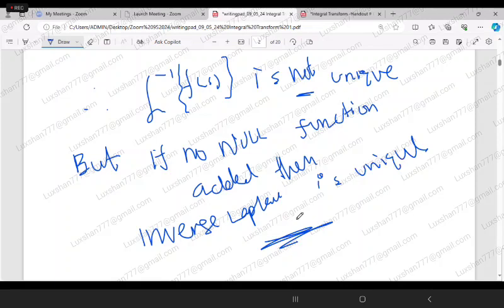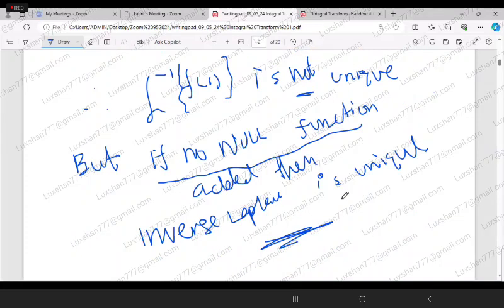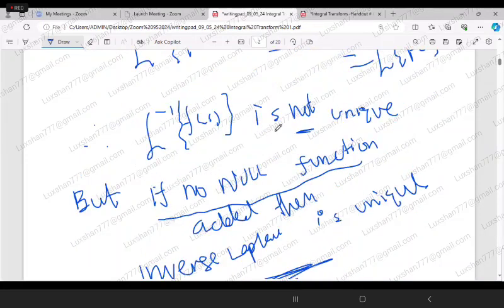You have to understand this. If no null function is added, then we can say that the inverse Laplace is unique. Otherwise, it is not unique, right?